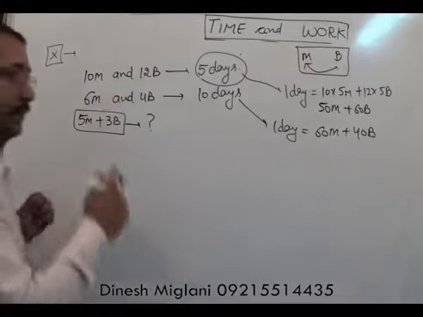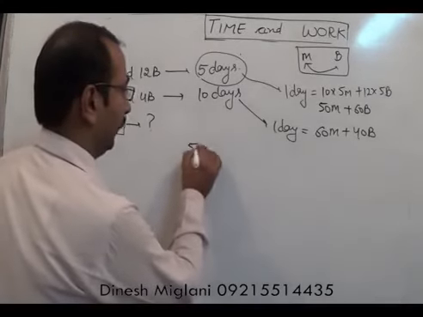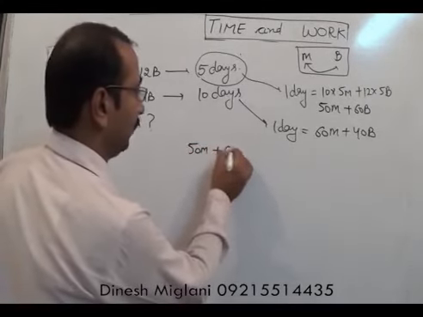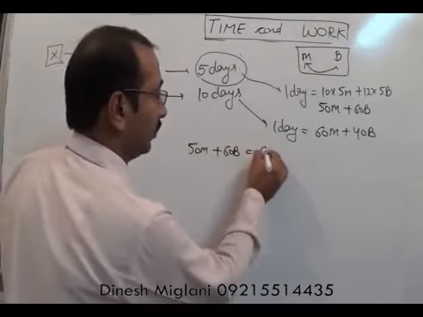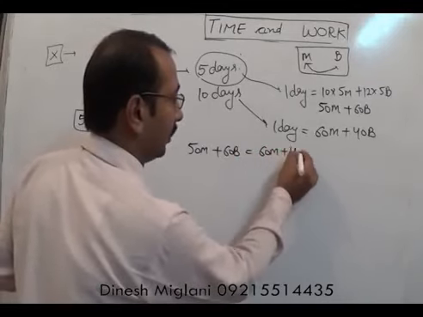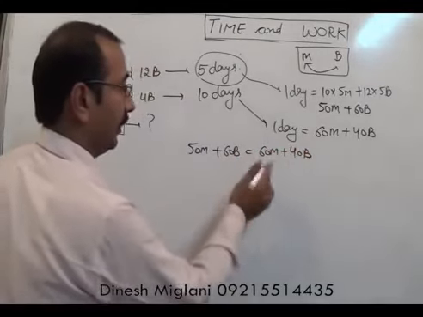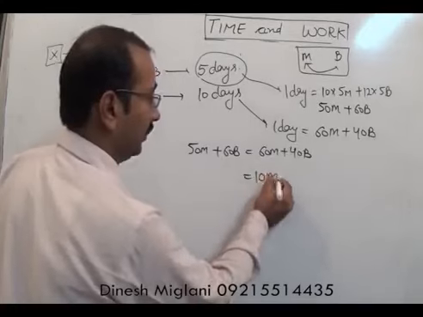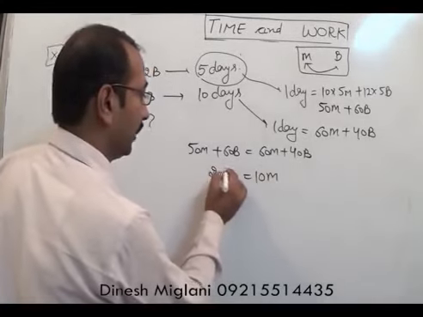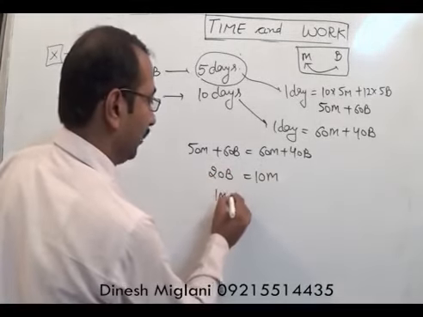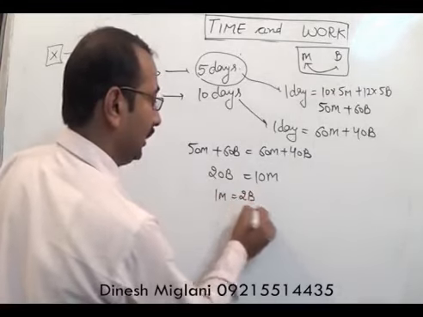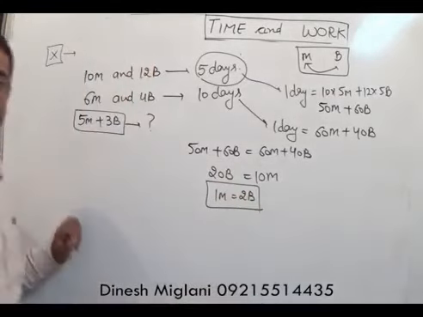So we can equate 50m plus 60b to 60m plus 40b. That gives 10m equal to 20b, or 1 man equal to 2 boys.